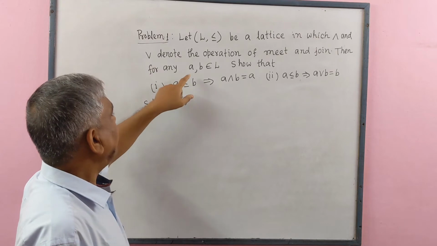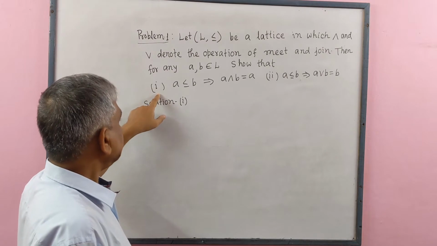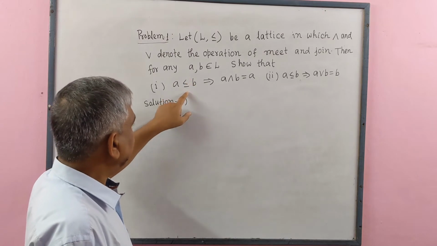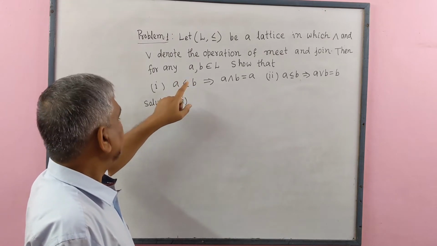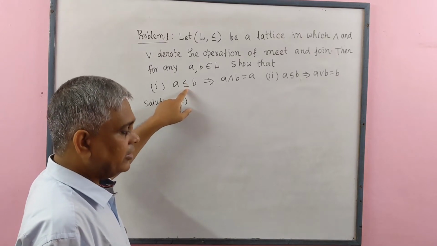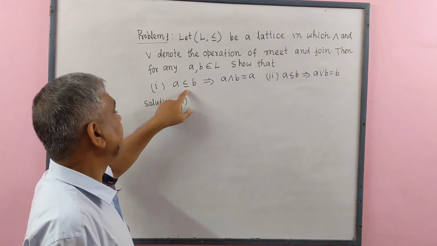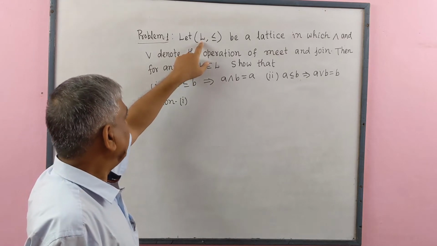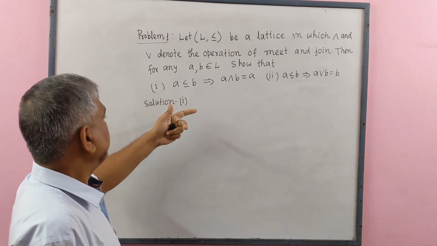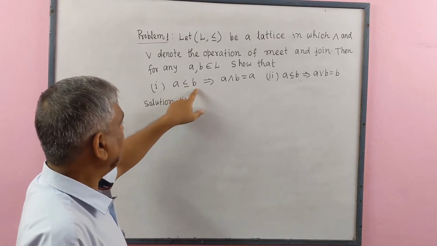Then for any A, B belongs to L, A is related to B. For simplification, we say this relation as less than equal to, but it is not actually less than equal to. It is a partial order relation of a lattice. So here we usually say A less than equal to B means A is related to B.